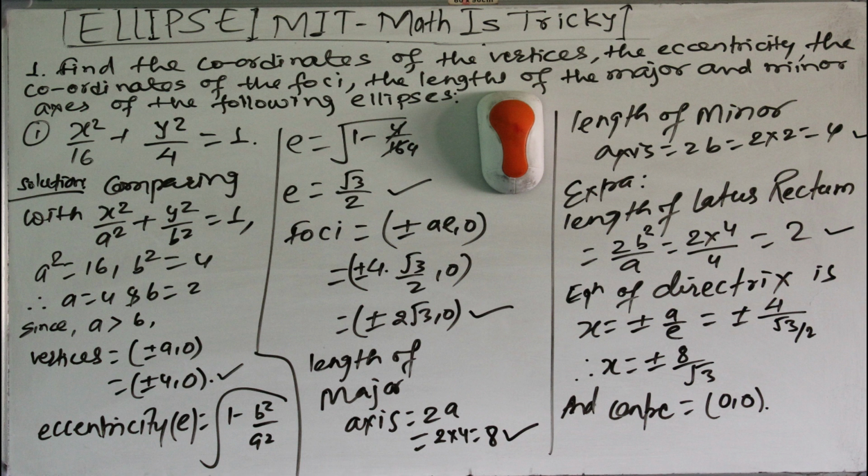Now sometimes you may be asked to find, it is not asked here, but we are solving some extra problems also, the length of latus rectum, that is 2b square by a. On simplification we get the length of latus rectum as 2, and the equation of directrix will be x equals plus minus a by e. On simplification we get the equation of directrix as x equals plus minus 8 by root 3, and the center is 0 comma 0.